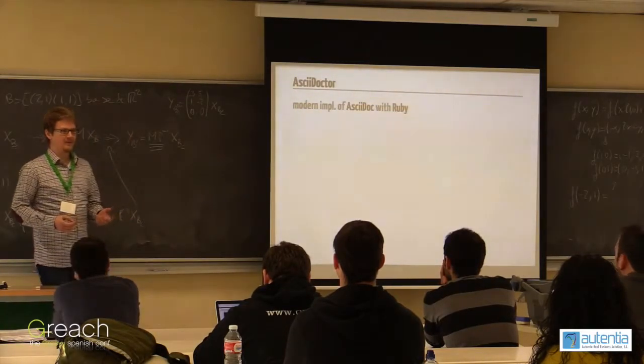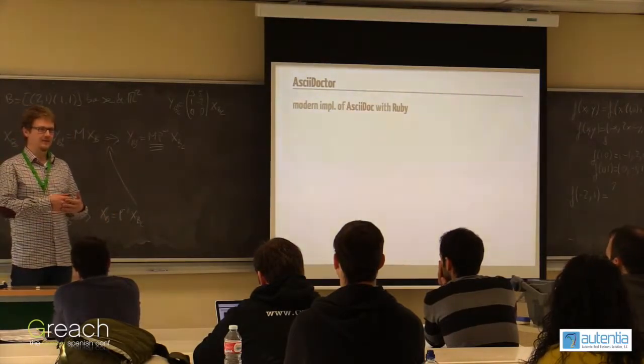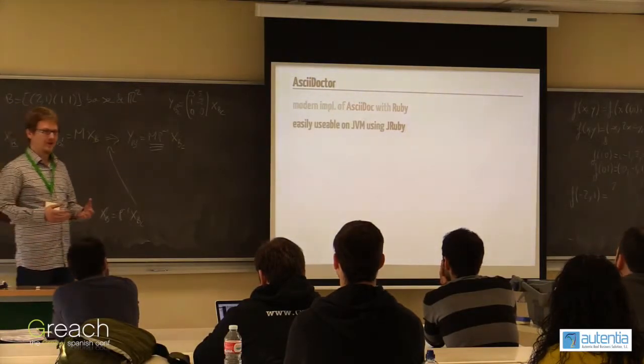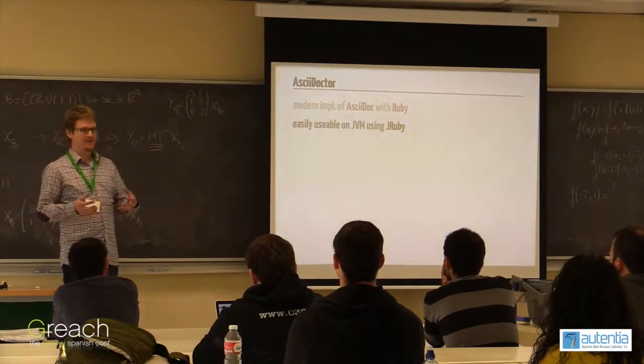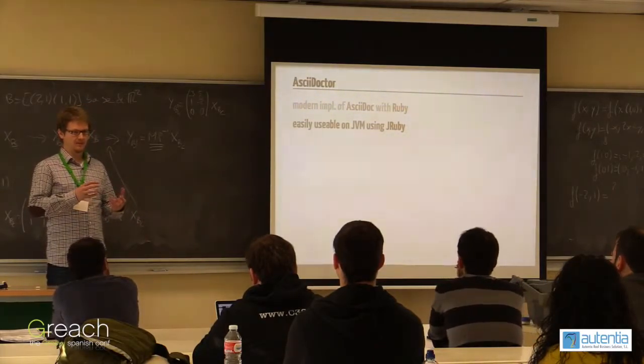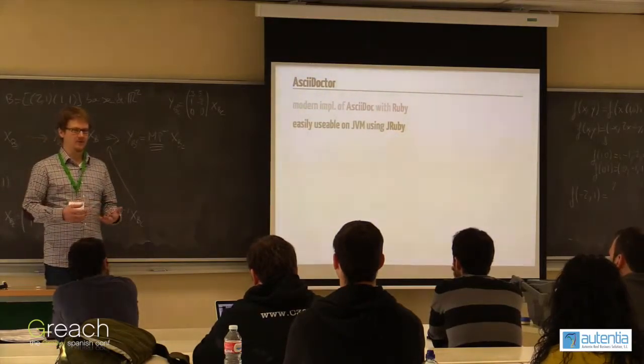And using Ruby really brings the nice thing for us on the JVM that there's JRuby. By this combination, we are able to use all the Asciidoctor stuff with a nice integration of JRuby and some wrappers in our JVM world.